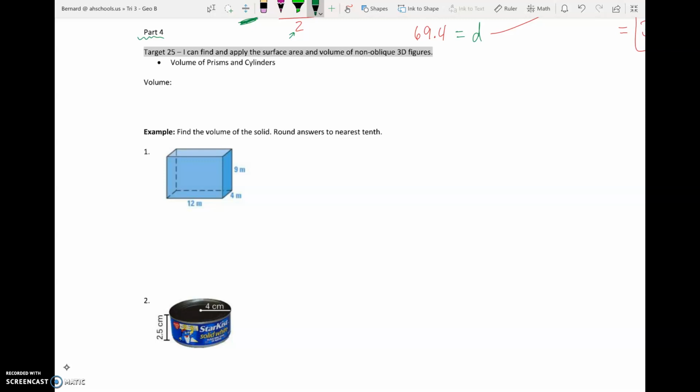We've been working really hard the last few days on finding surface area of prisms and of cylinders and of pyramids and cones. And surface area is one way to classify and analyze a three-dimensional object. Today, we're going to talk about volume, which is another way to do that.